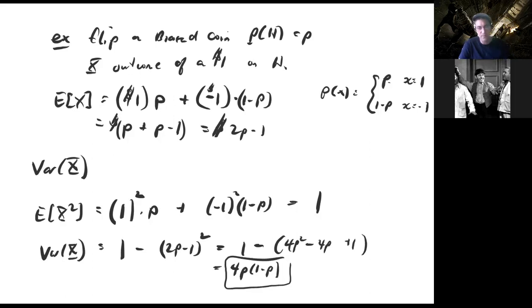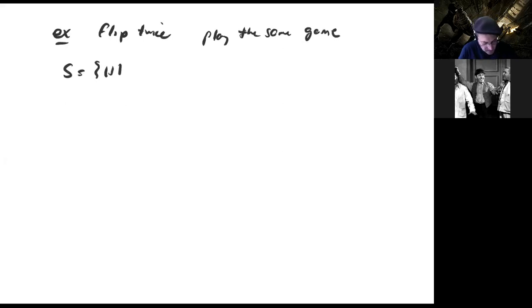Okay, so let's do another exercise related to this one. So here's an example. Let's flip twice and play the same game. So the sample space in this case is heads heads, heads tails, tails heads, tails tails.